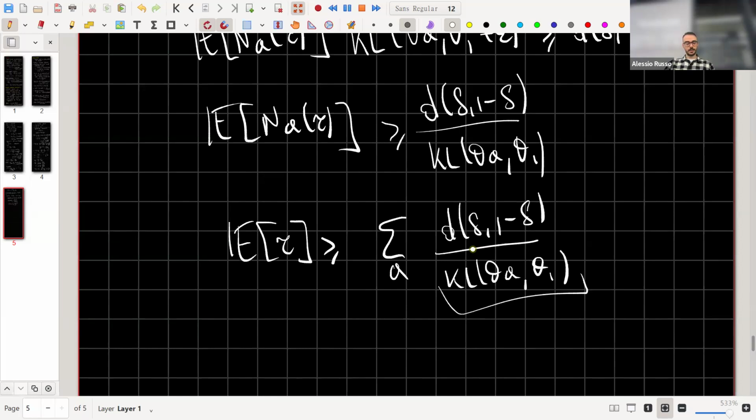But what is KL theta A theta 1? Since it's a Gaussian, it's theta A minus theta 1 squared divided by 2 sigma squared. And so at the end, here it's sum over actions different from 1. At the end, we get this Bernoulli-Kerr divergence divided by the gap squared.